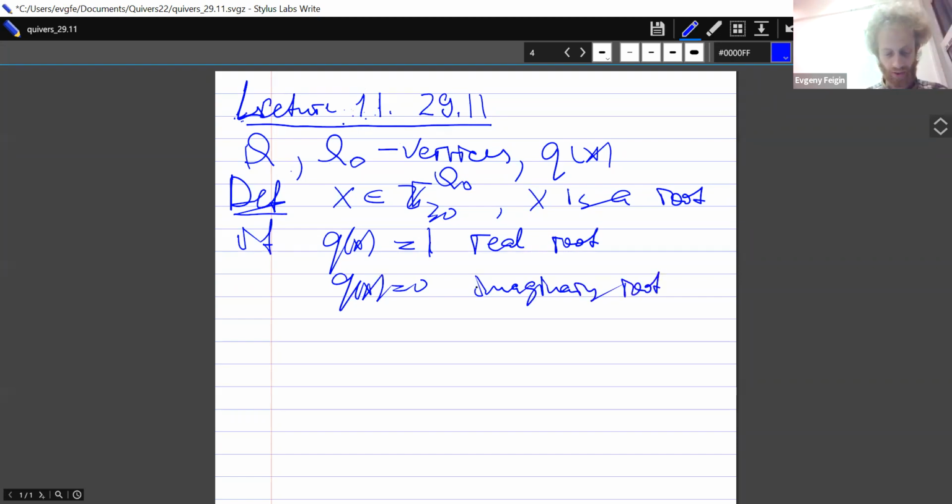Okay, so this is our definition, and so let's formulate several properties.